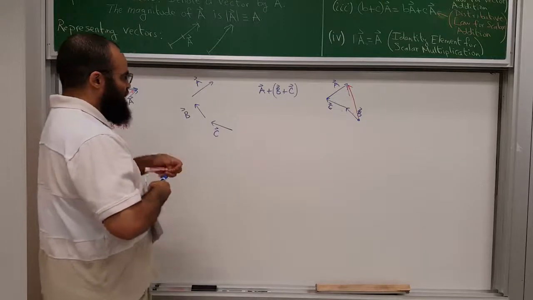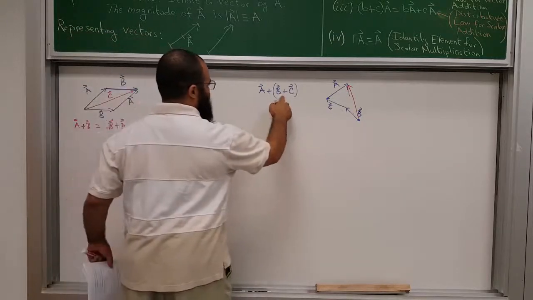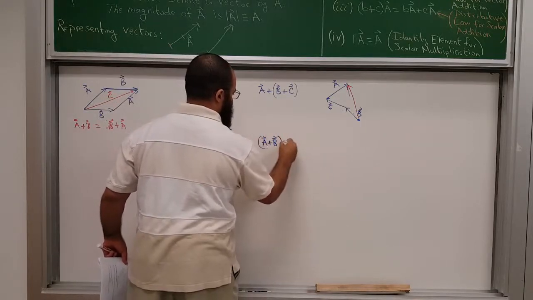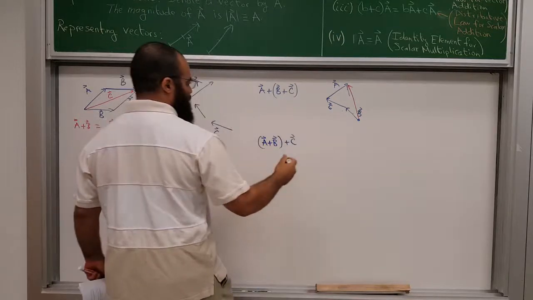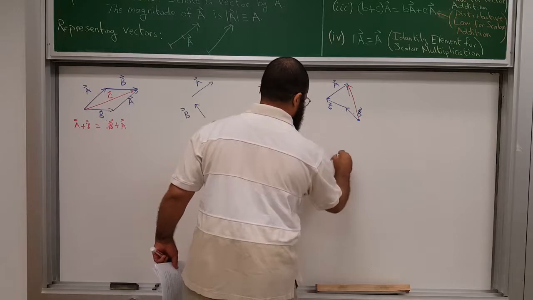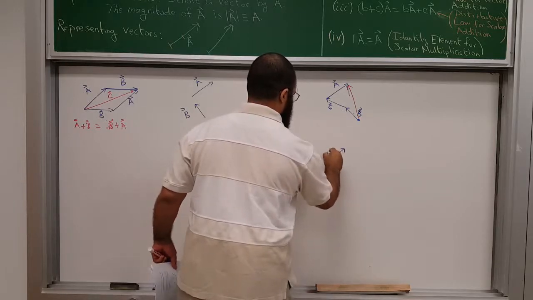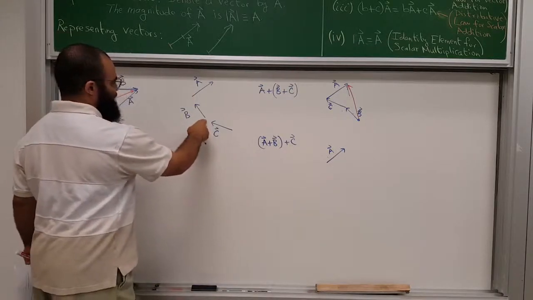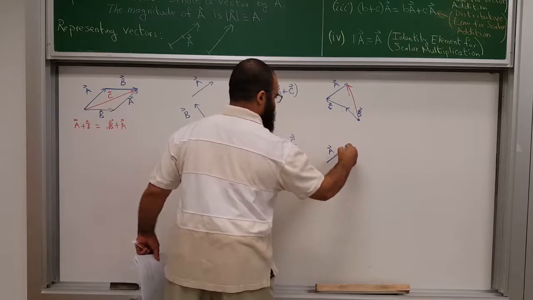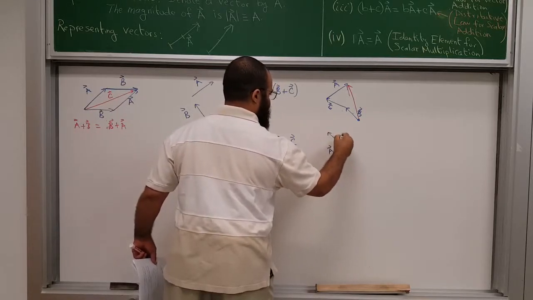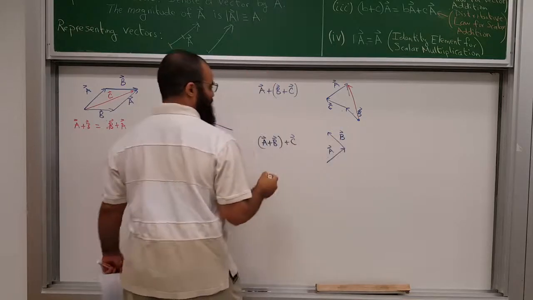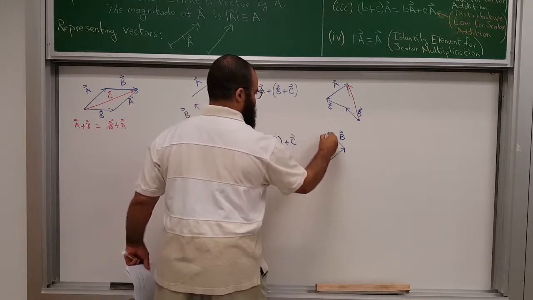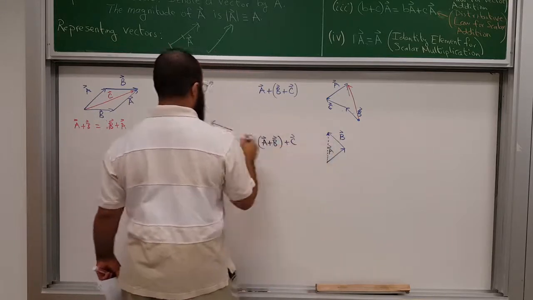Or I can do it the other way. I can add A to B and then add C to it. So A plus B first, and then I add C. Let me draw vector A first. I can add to it vector B. Vector B points in this direction, so I put the tail of vector B at the tip of vector A. This is the result of A plus B. And then finally I add to it vector C, which points in this direction.